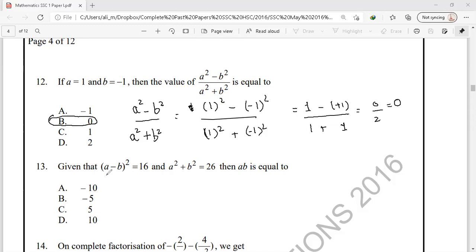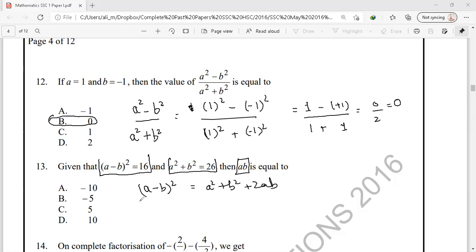In question number 13, we have to use an algebraic formula to find the value of ab, and the data we are given is a² + b², that is 26, and (a − b)², that is 16. So these three terms can be seen in this formula: (a − b)² equals a² + b² − 2ab.